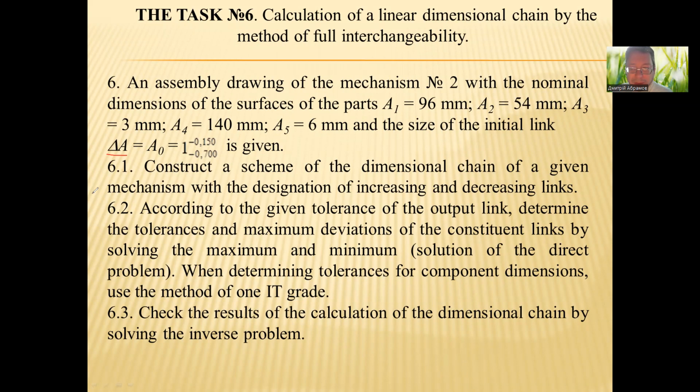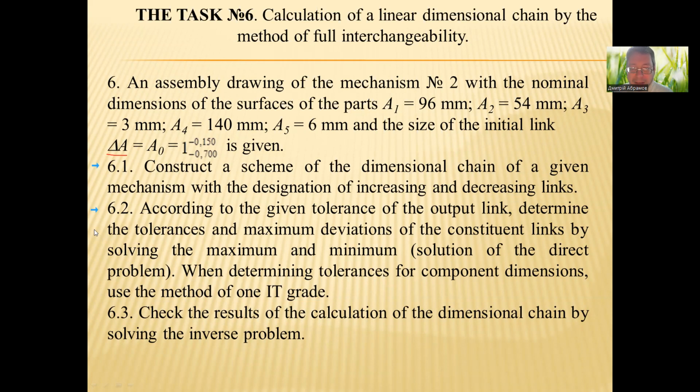And what must we do? First, construct a scheme of the dimensional chain of the given mechanism with the designation of increasing and decreasing links. Second, according to the given tolerance of the output link, determine the tolerances and maximum deviations of the constituent links by solving the maximum and minimum direct problem.